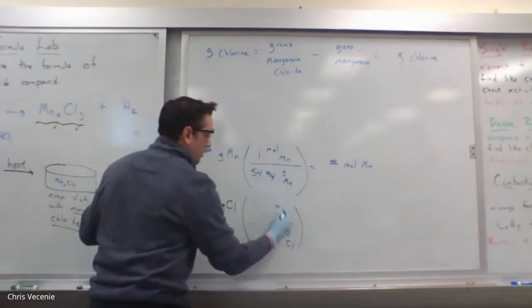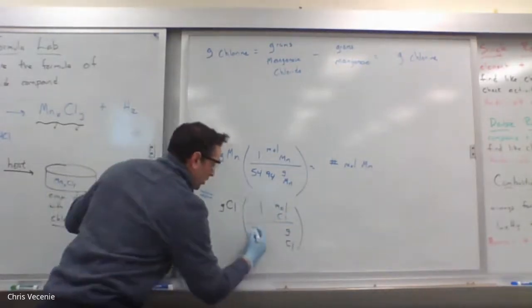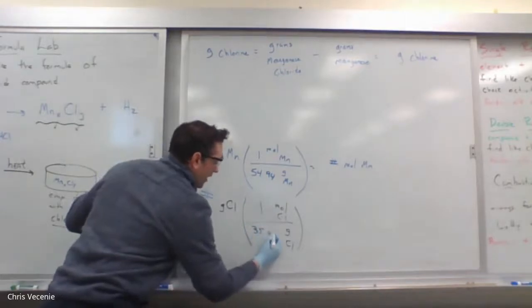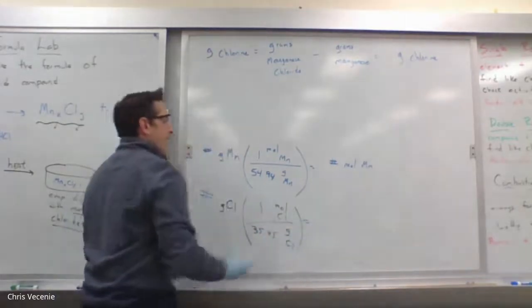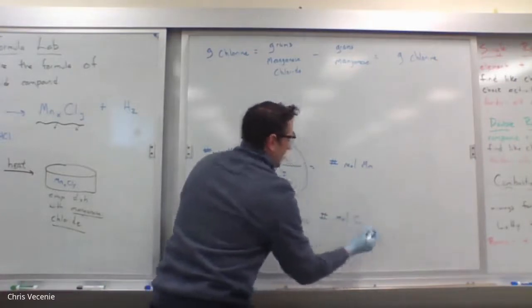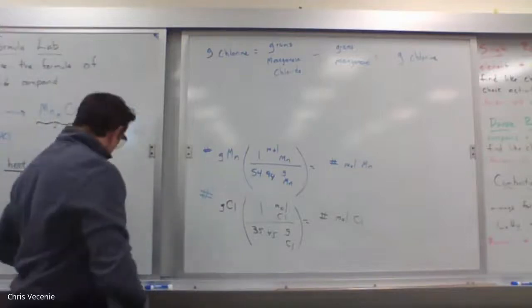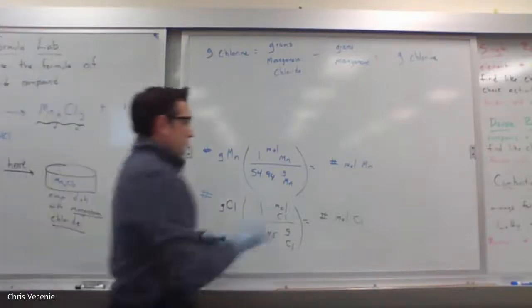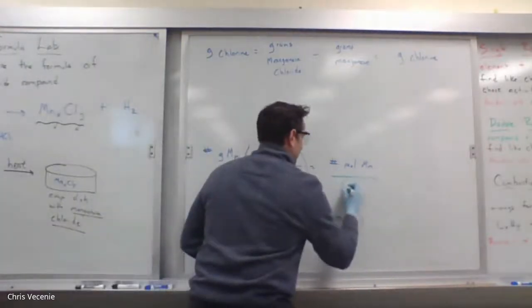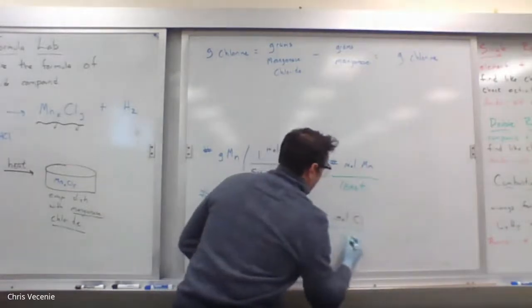Grams on the bottom, moles on top. One goes with moles. Chlorine's number is 35.45. That's going to get me moles of the Cl. Once we get our mole numbers, the next thing we always do is divide by the least.